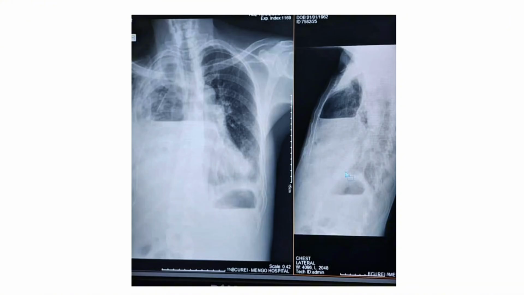Finally, for this session, we have a very, very interesting case here, which we shall end with today. And again, when you get this image, we always want you to get your impression first. Of course many times we don't have the clinical history, but when you look at this image, something should go through your mind.